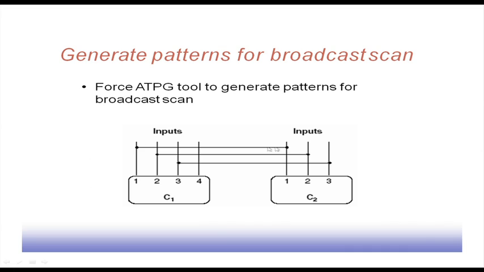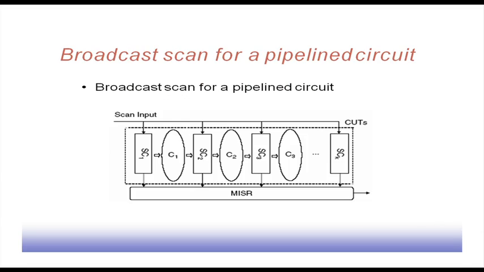However, if we modify the circuit so that these two inputs are shorted, whatever you give here will also appear here. Then, if this modified circuit is fed to the ATPG, it will generate patterns where bit number 1 of C1 and bit number 1 of C2 are the same. That way, the ATPG can generate test patterns which are similar for C1 and C2.